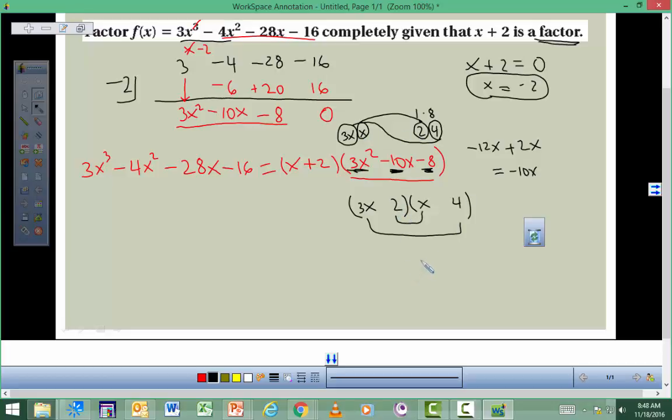And which one's negative? We wanted this one to be negative, right? So the 3 went with the 4, so that makes that one negative, makes this one positive. So we factored this, and now this is the third factor, x plus 2. So there we have our polynomial. It's factored now.